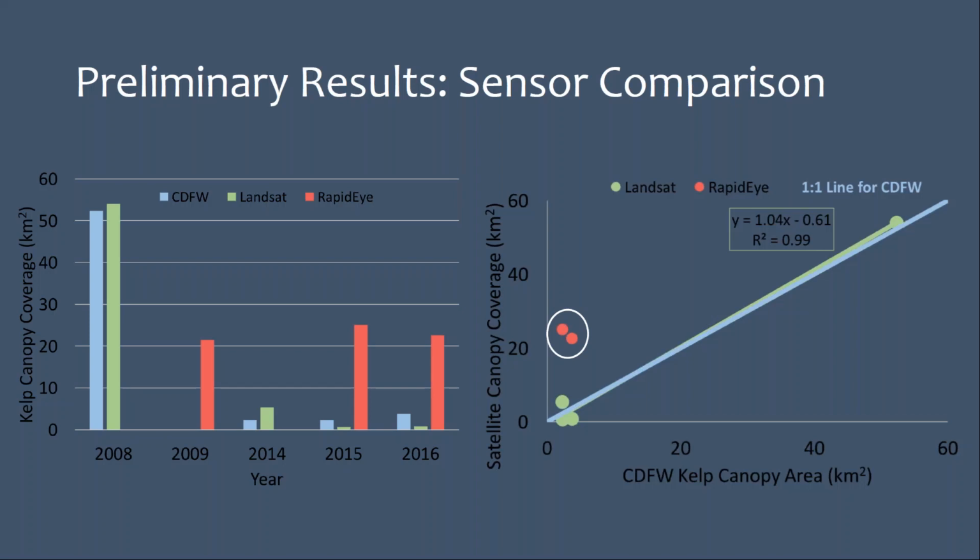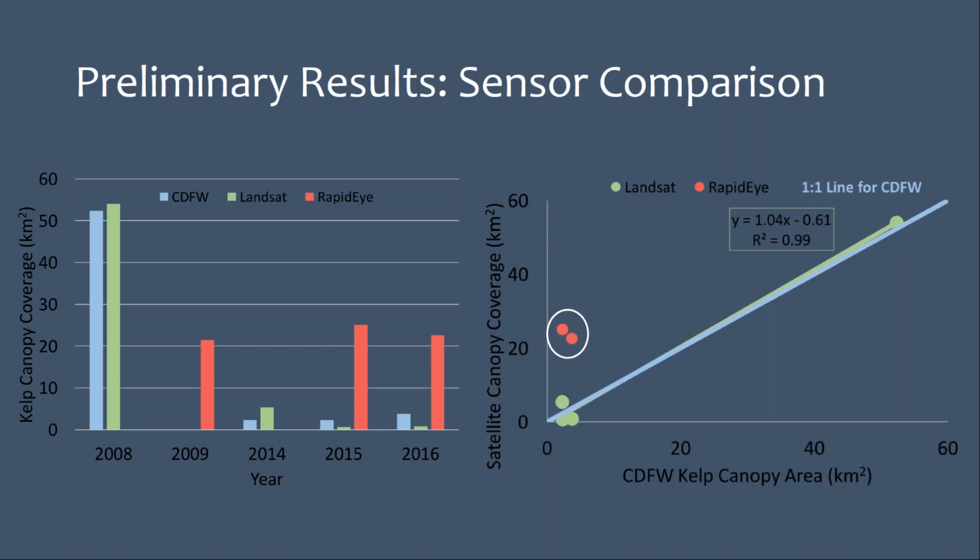For the figure on the right, where we have satellite canopy coverage on the Y and CDFW canopy area on the X, we get a pretty strong relationship between Landsat and CDFW, but it's probably being driven by the point in the upper right-hand corner.